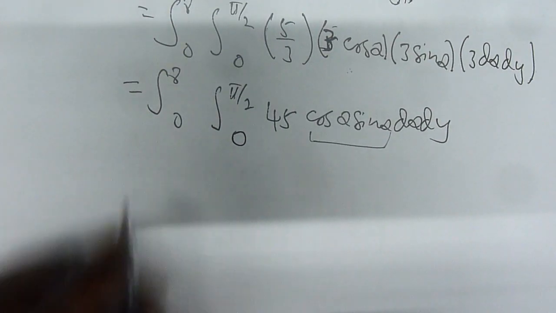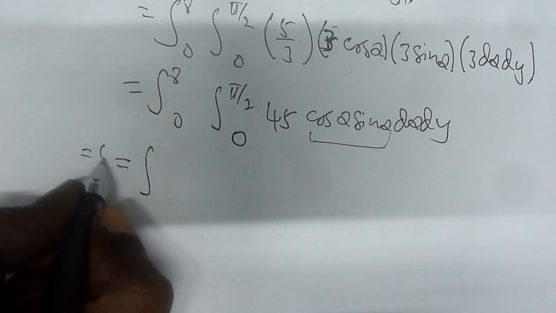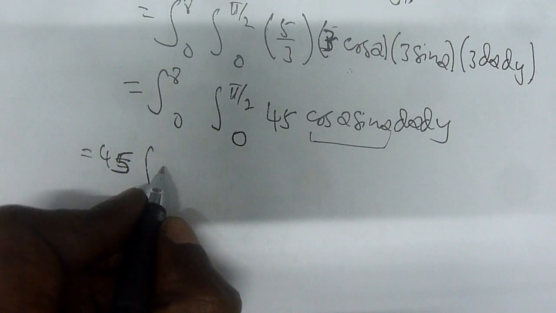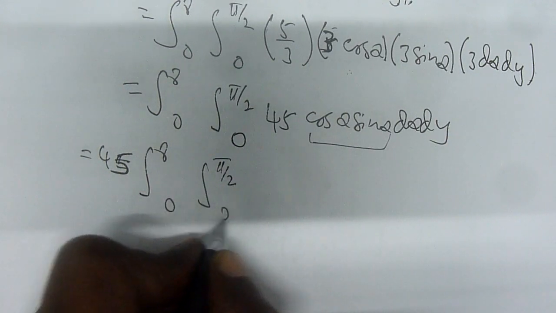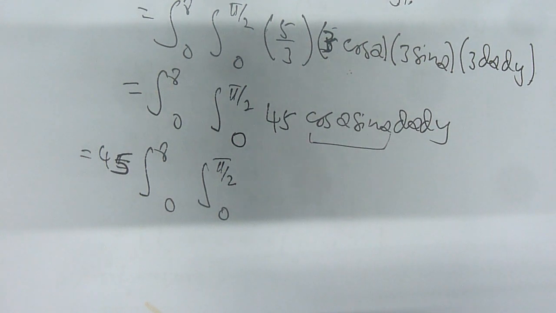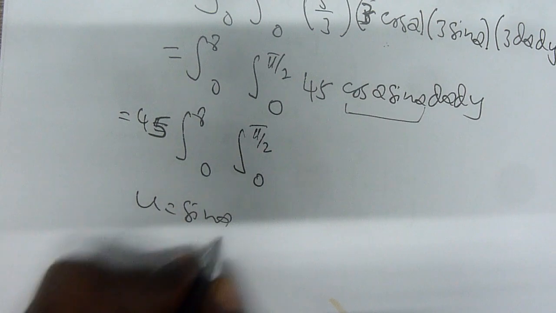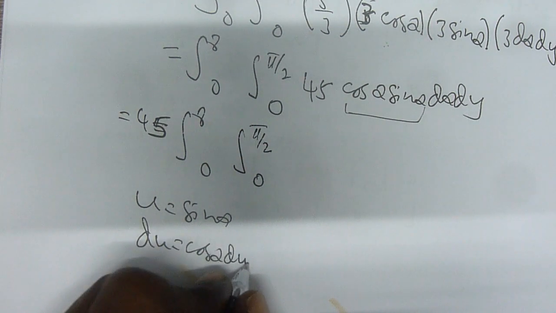We have done several times. This one I just say 45. Remember, u equals sin theta, du equals cos theta d theta.